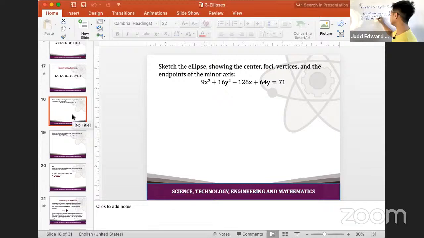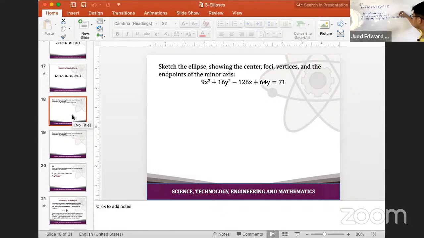Plus, factor out 16, this becomes y squared plus 64y divided by 16, that becomes 4y, plus, what do we add? 4 divided by 2 is 2. 2 squared is 4. So plus 4, this becomes 4 times 16.